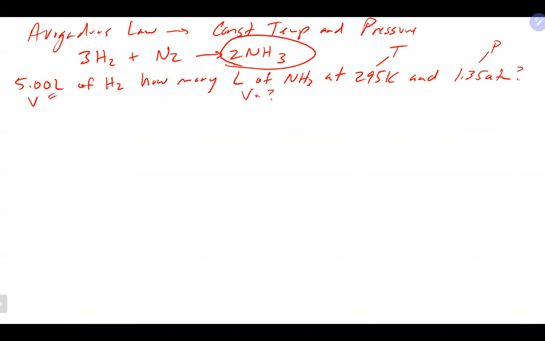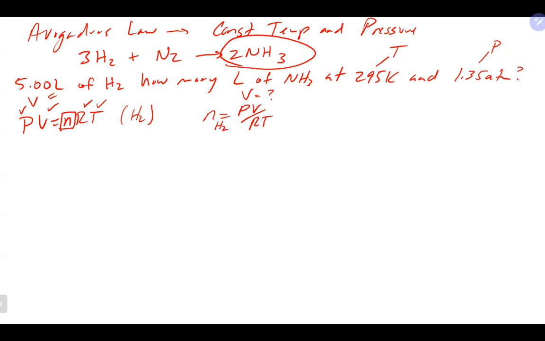So if we started with the H2, we could use PV equals nRT and solve for moles, because we know the pressure, the temperature, R, and the volume for the hydrogen gas. So n would equal PV over RT.